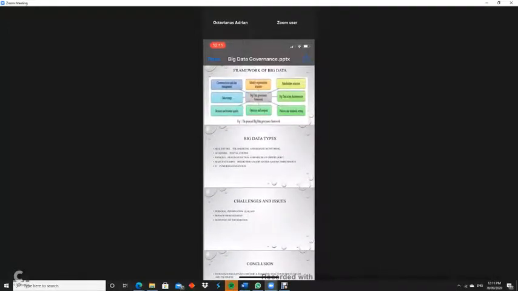The big data types are different in different sectors of companies and organizations. Starting with healthcare, we have telemedicine and remote monitoring, which is all supported by big data nowadays.